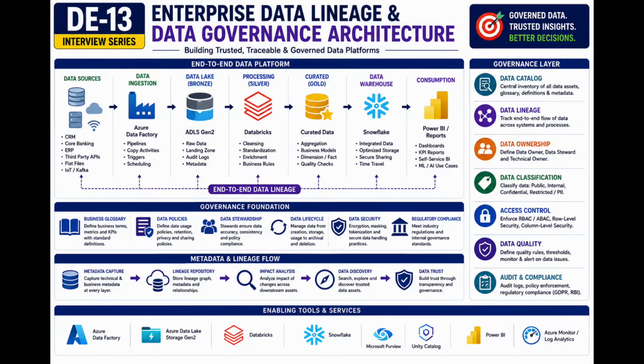The first component is the data catalog. A catalog provides an inventory of available datasets, tables, columns, definitions, owners, classifications, and other metadata. Next is data lineage, which tells us how data moves between systems.